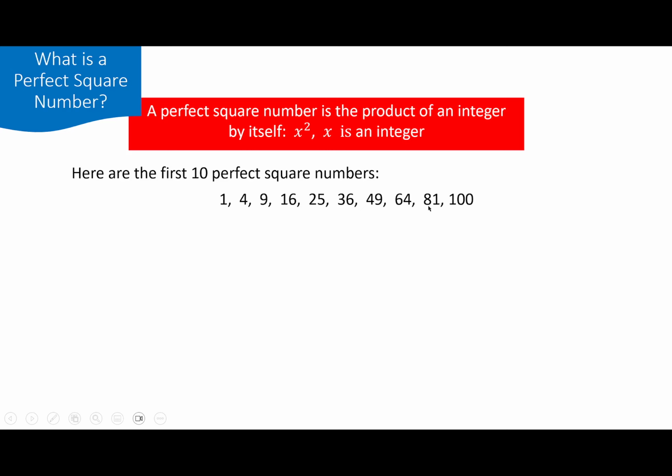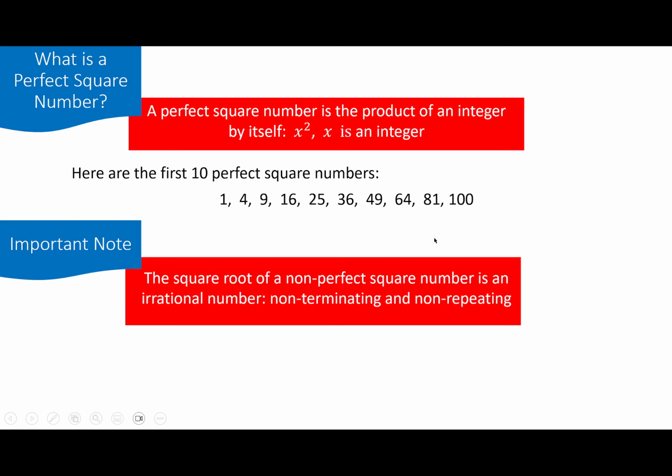9 times 9. Important note: the square root of a non-perfect square number is an irrational number, which means non-terminating and non-repeating. So if you take any number between these, not these numbers, its square root will be an irrational number.